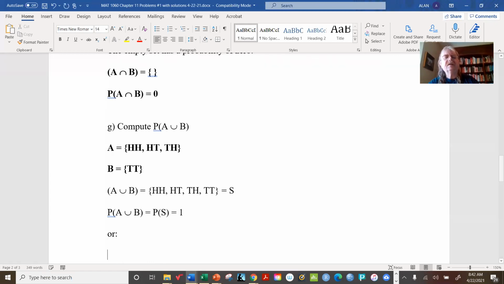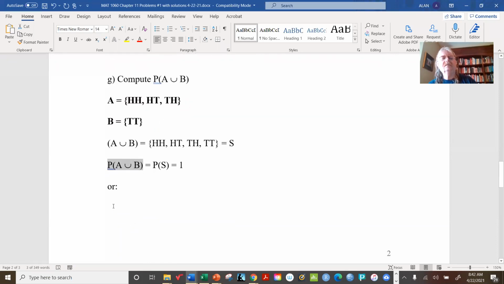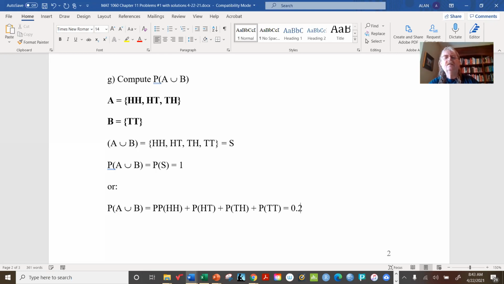Okay, another possibility would have been to say, well, the probability of this union equals the probability of the individual components, which are HH, HT, TH, and finally TT, 0.25, 0.25, 0.25, 0.25.